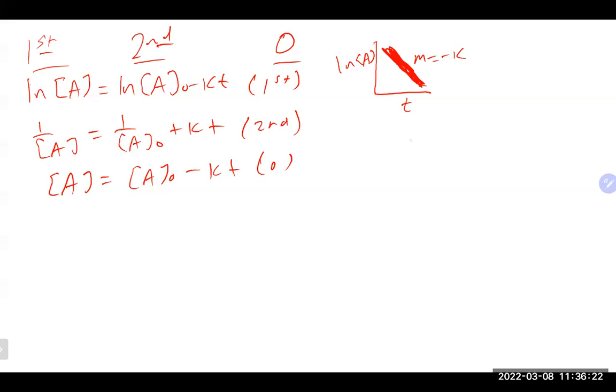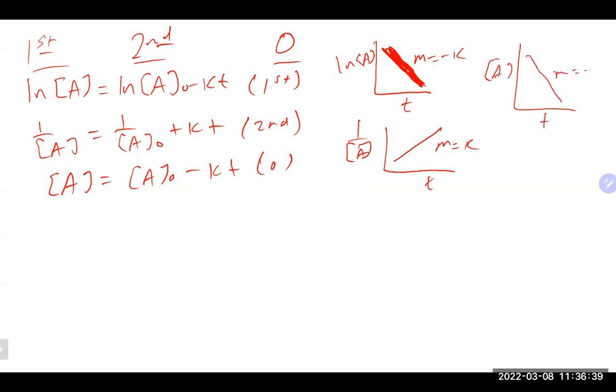For second order, we have 1 over the concentration versus time. That gives us a positive sloping line where the slope is equal to k. And lastly, for zero order, concentration of A versus time gives a negative slope where the slope equals minus k.